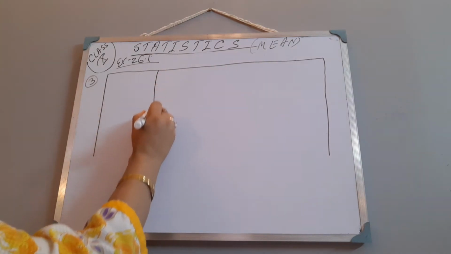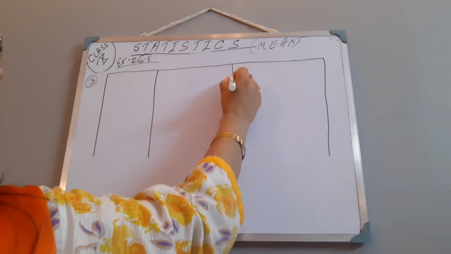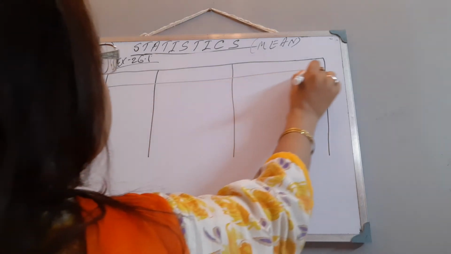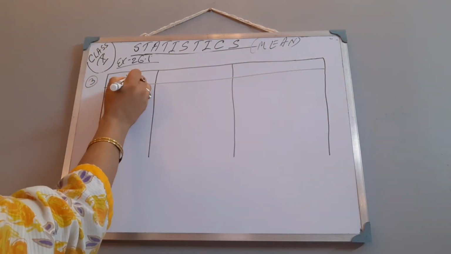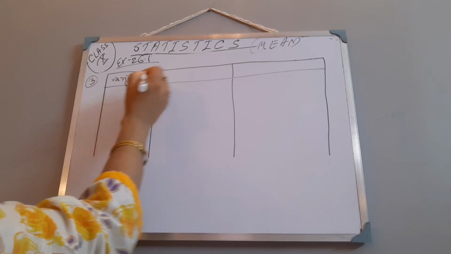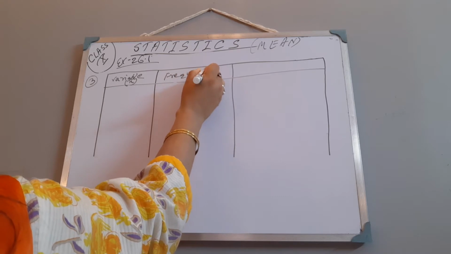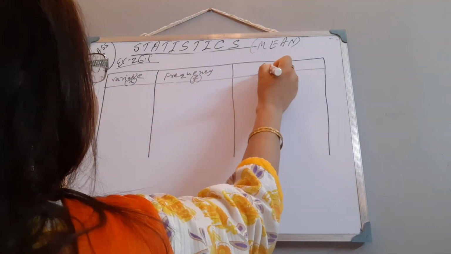So variable, that is x, frequency, that is f, and fx we have to find.